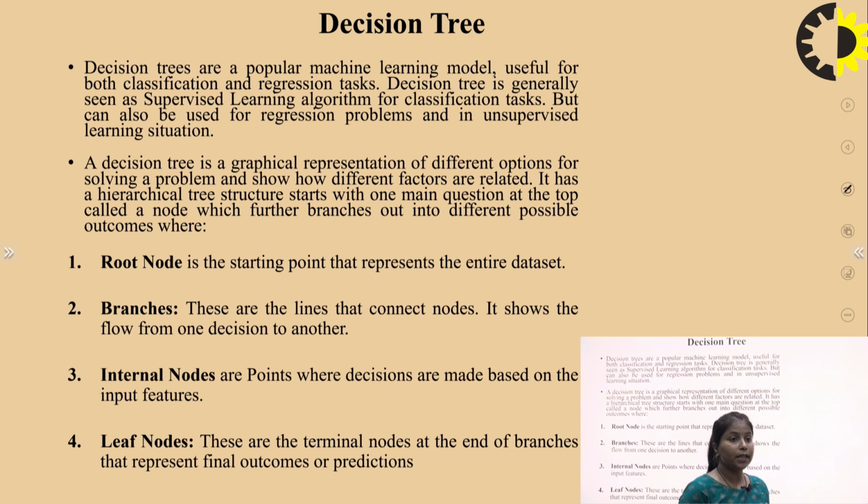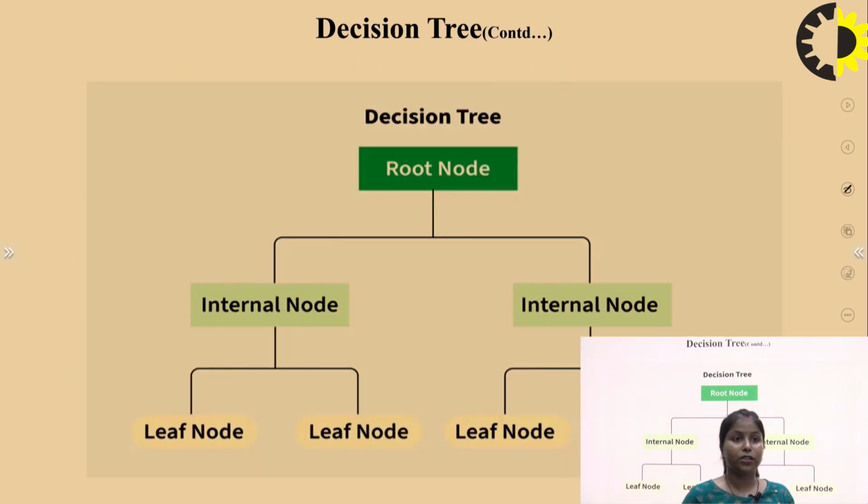Leaf nodes are the terminal nodes, also called child nodes, which are the ends of branches and represent the final outcome or prediction. The picture shows a decision tree: the top node is the root node, the sub-branches are the internal nodes, and the final branches are called leaf nodes because they have no children.